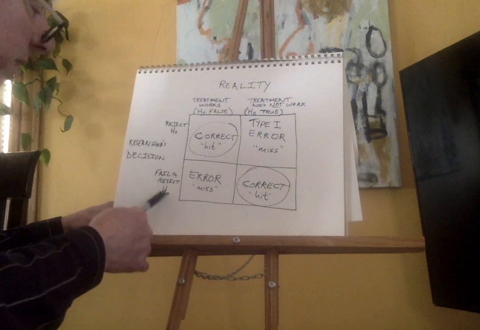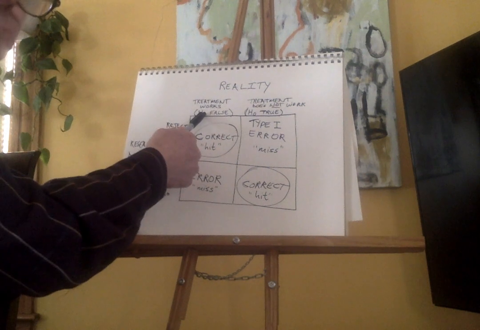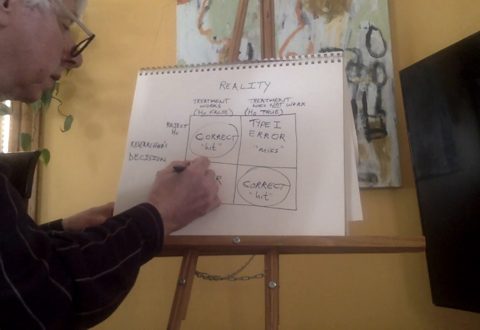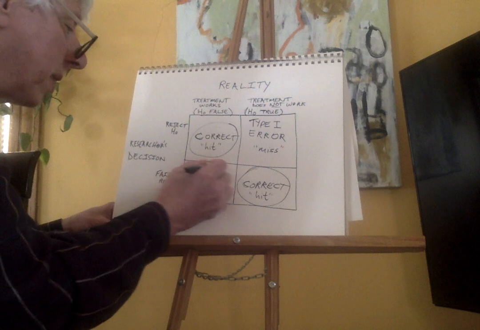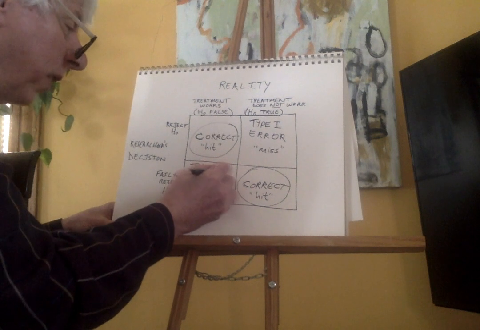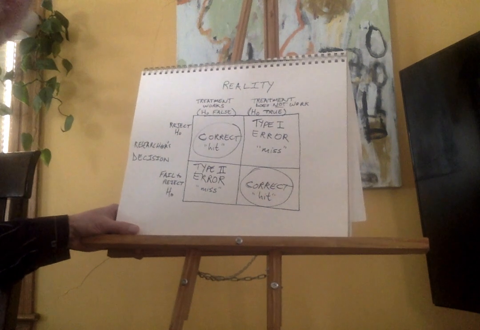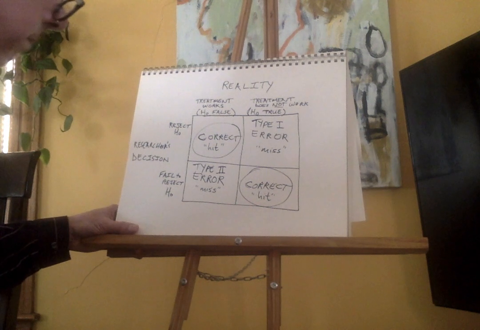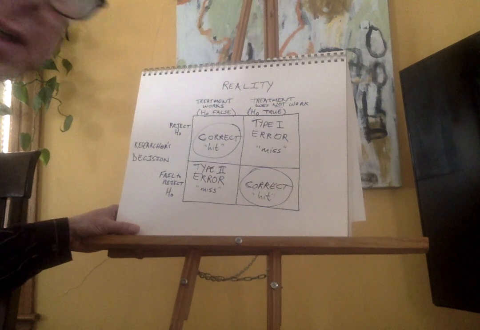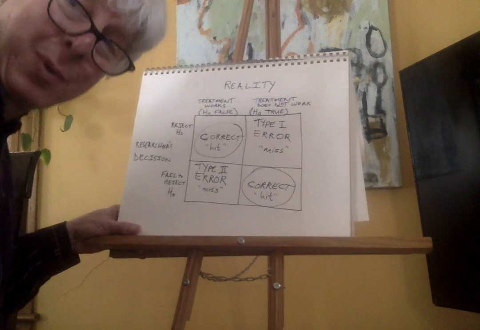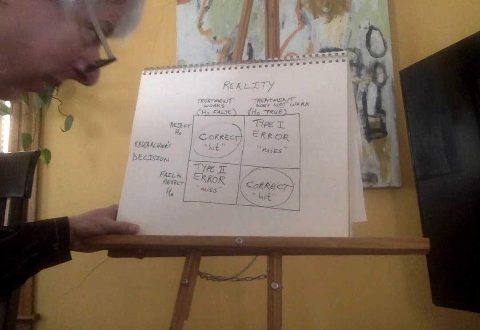We failed to reject the null, but the null is false. This is called, anybody guess? Type... Hey, I heard somebody say type 2. Very good. Type 1 error, type 2 error. I'm sorry that it's not more creative, but I don't think people want an error named after themselves.